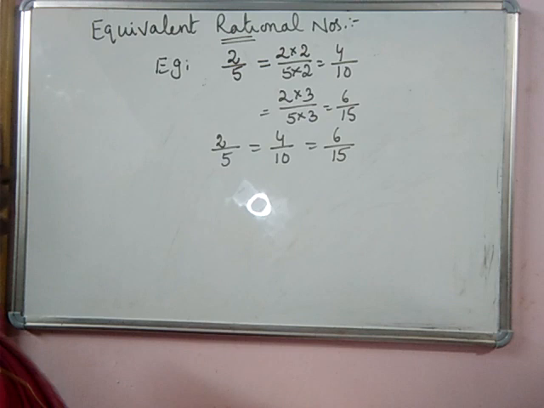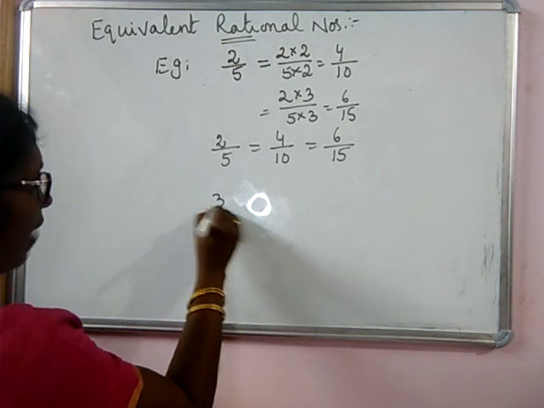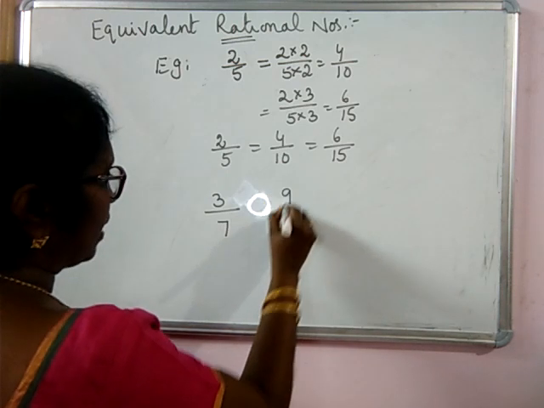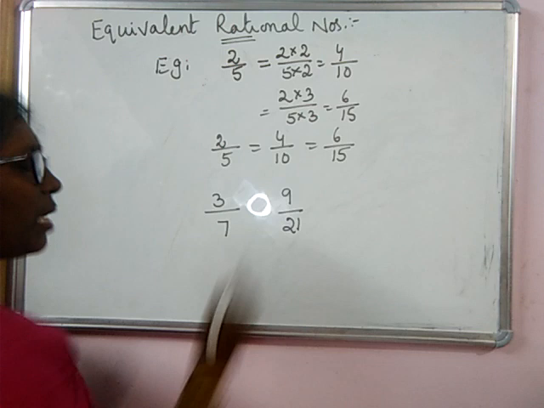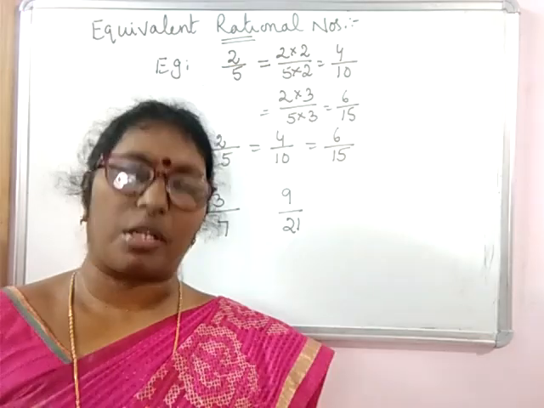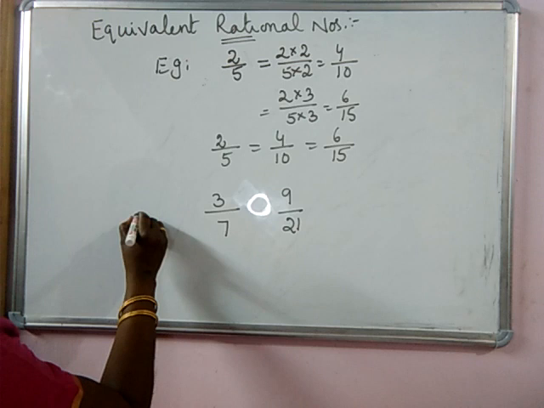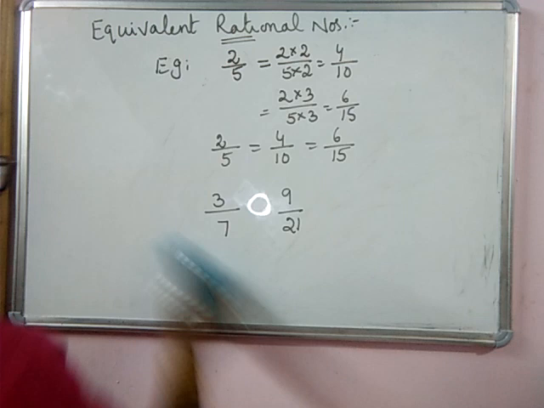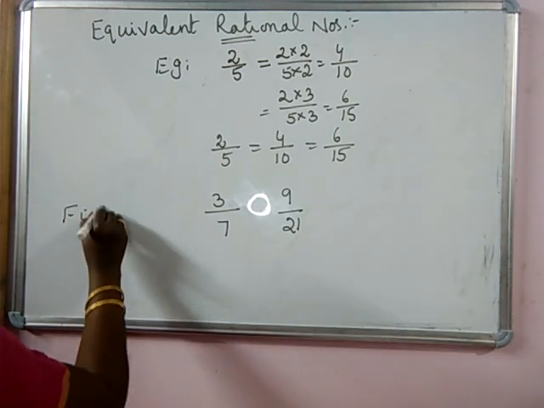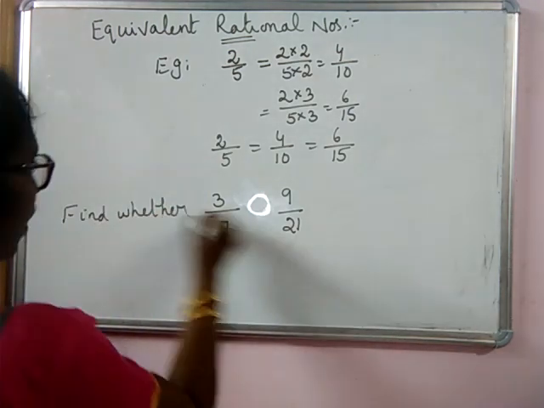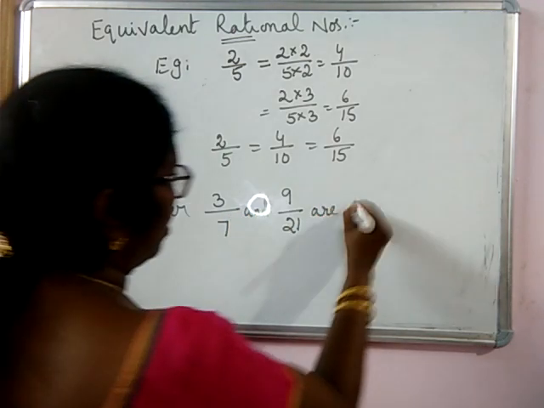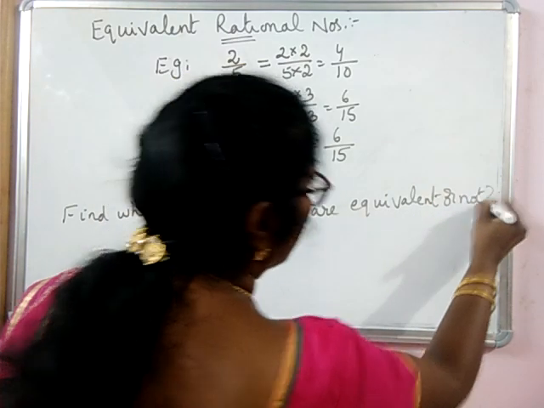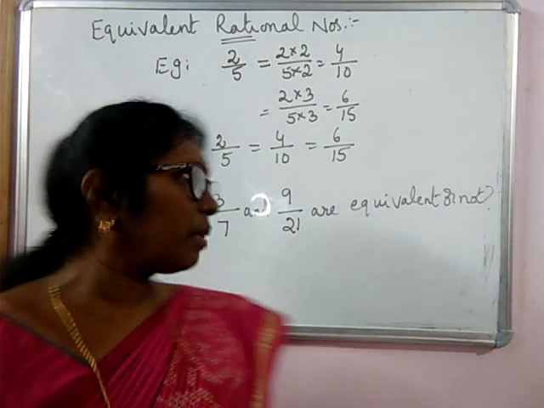Suppose it is given 3 by 7 and 9 by 21. Whether these are equivalent or not, you can do in different ways.